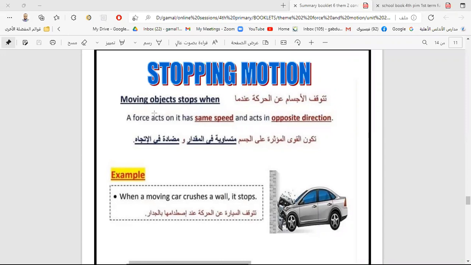Very good. So when the car has an accident and clashes with a wall or with another car, the other car or the wall makes another force in the opposite direction. So the car stops suddenly.